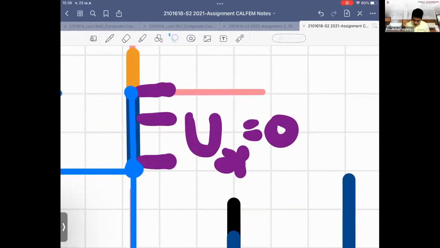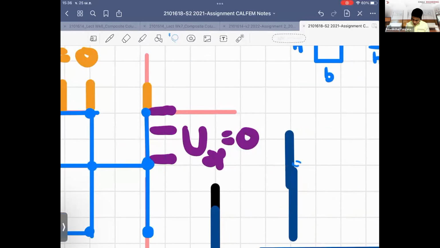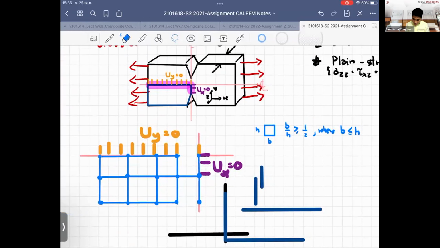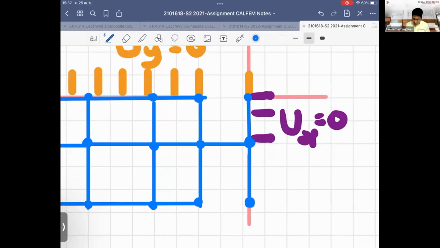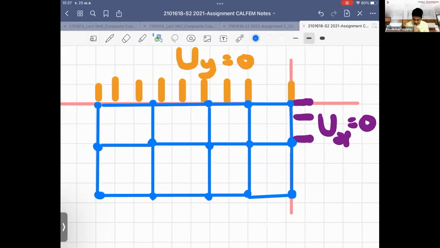Just give me a bit of time. And then what we do, we connect the elements between the nodes. Because we have this pattern of nodes here, this one we can remove.